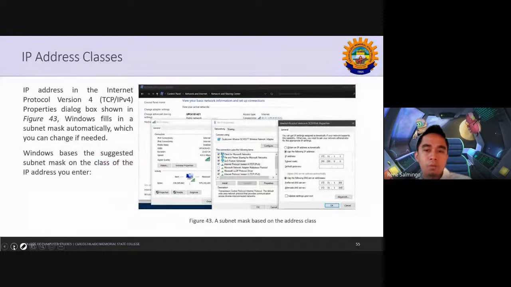Now, I think I'm going to demonstrate this. Okay, so we will have this example. First, on your computer, go to the Control Panel, then Network and Internet.